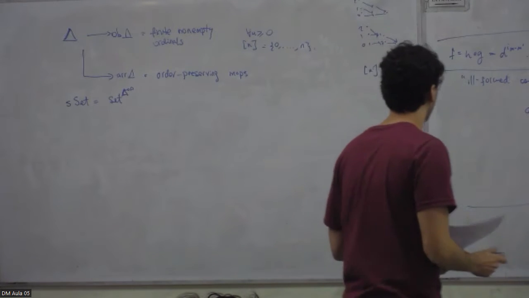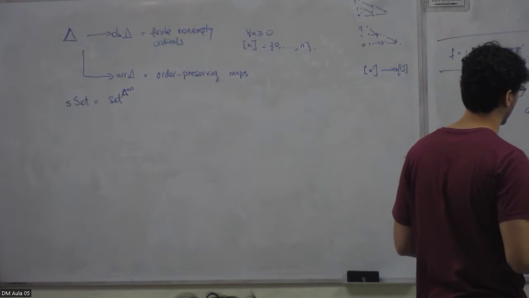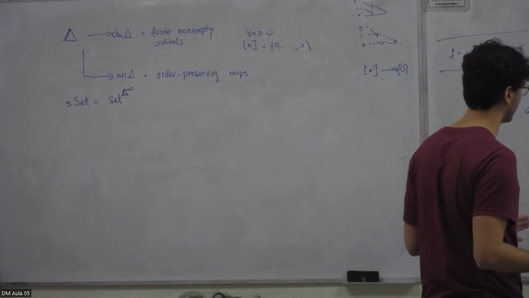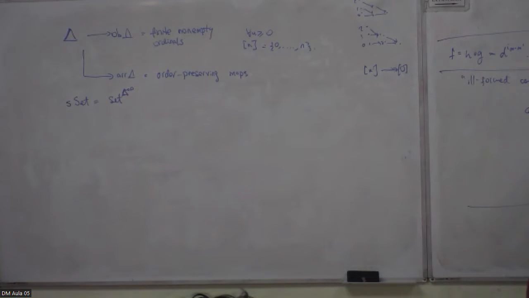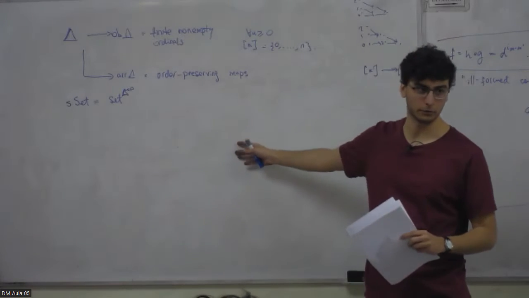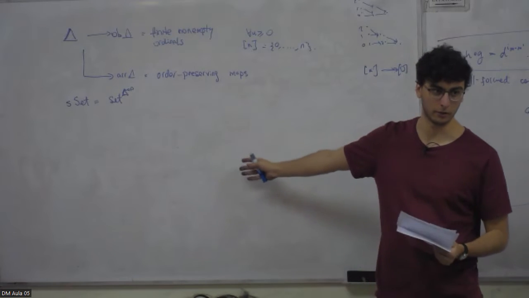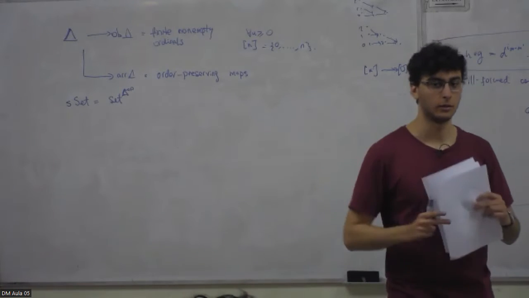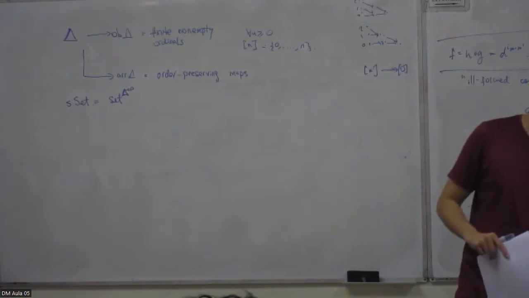Yeah, because basically, no, I mean, the arrows point in the same way, but basically they are telling you how... perhaps this will be clearer when I give some examples of simplicial sets, particularly the nerve of a category, which is the way you see a category as a simplicial set in some way.